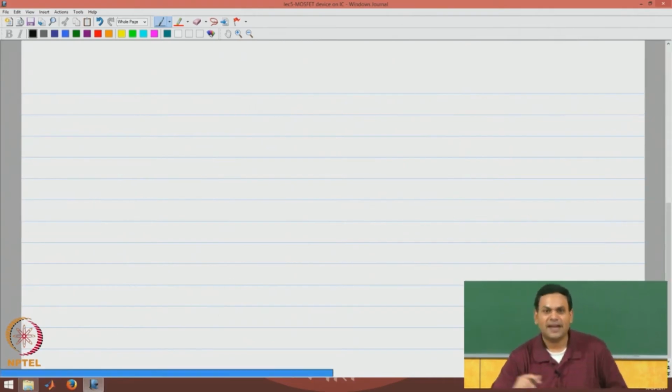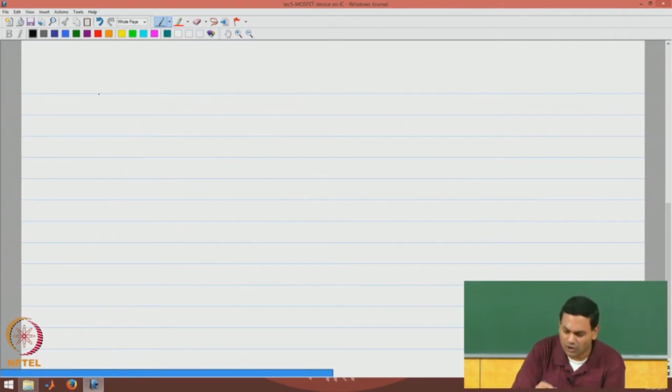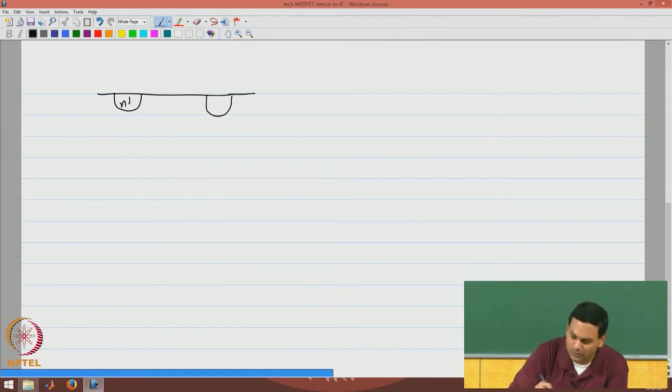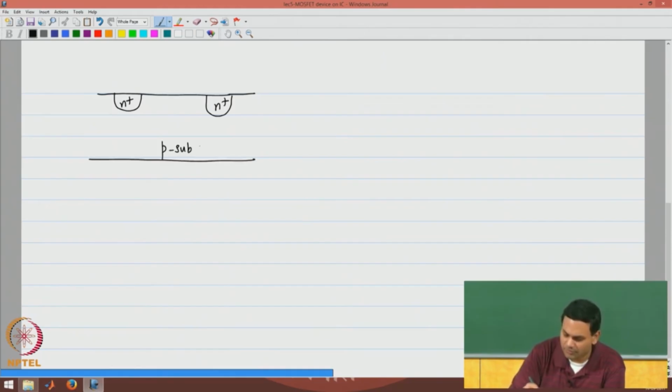How is the device made? If I were to draw the cross section of the device, if I look at the MOSFET, I need the two drain source diffusions. I will take the example of an NMOS transistor, so there will be N plus diffusions on the P substrate.